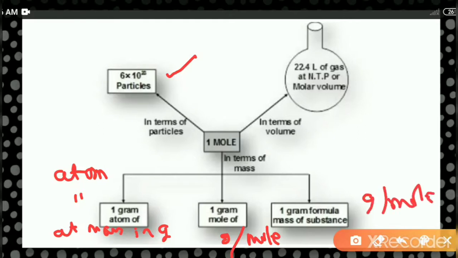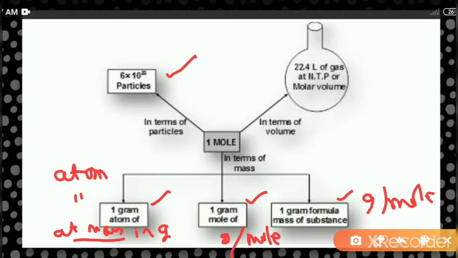So we have gram atomic mass, gram molecular mass and gram formula mass. When we talk about 1 mole of an atom, we discuss the atomic mass in gram, that is gram atomic mass. When we say 1 mole of a molecule, its mass is called the gram molecular mass. And the mass of 1 mole of a formula unit is its formula mass in terms of gram per mole.